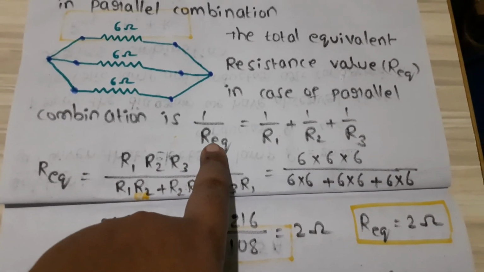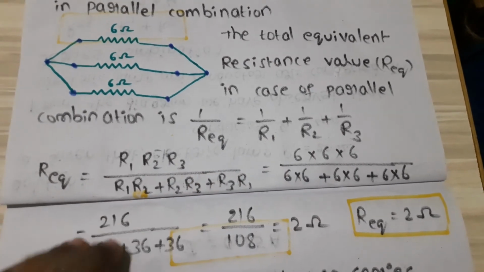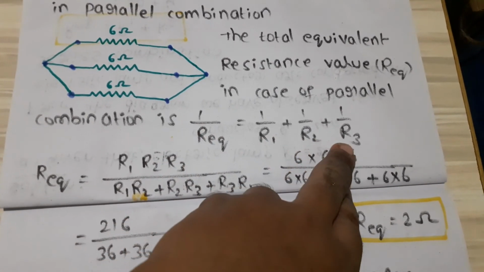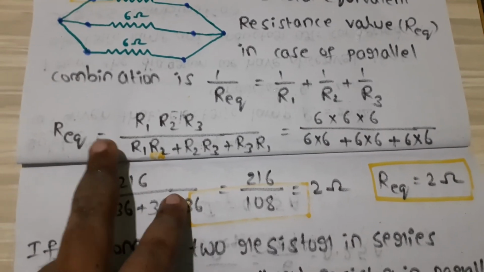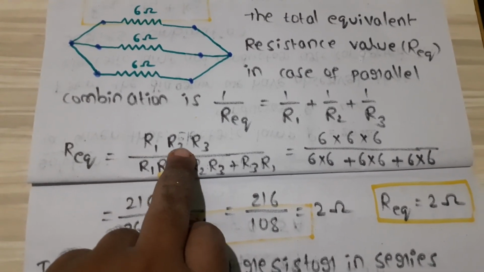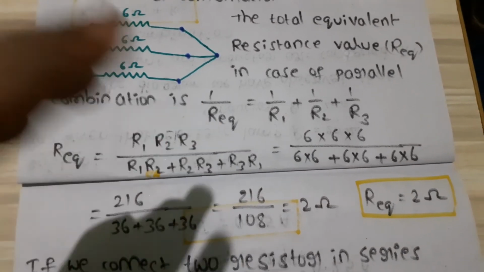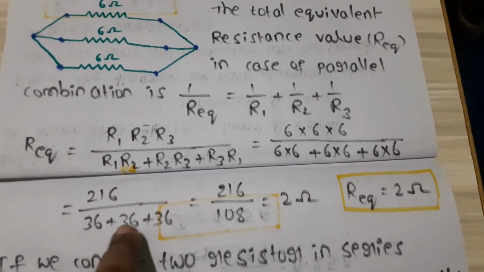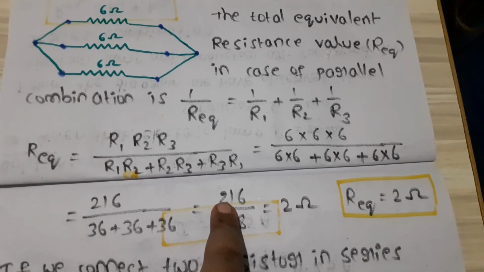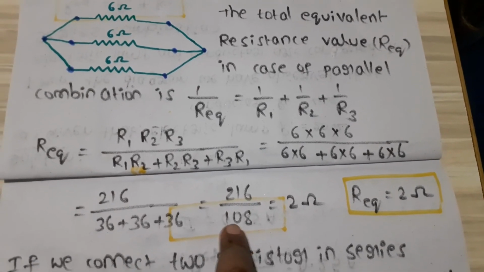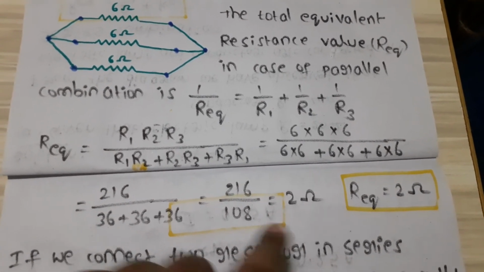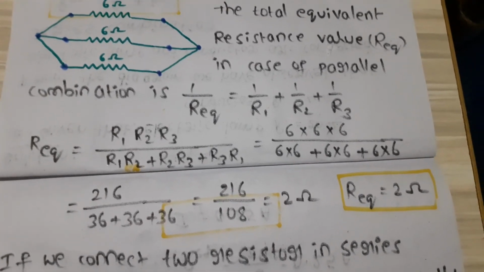So 1 by R equivalent equal to 1 by R1 plus 1 by R2 plus 1 by R3. Total equivalent resistance R equivalent equal to R1 R2 R3 by R1 R2 plus R2 R3 plus R3 R1. So on numerator 216, on denominator 108. Total resistance value is 2 ohms.